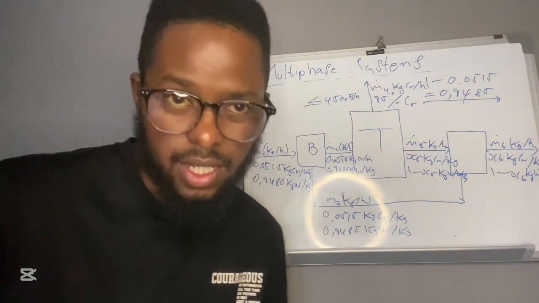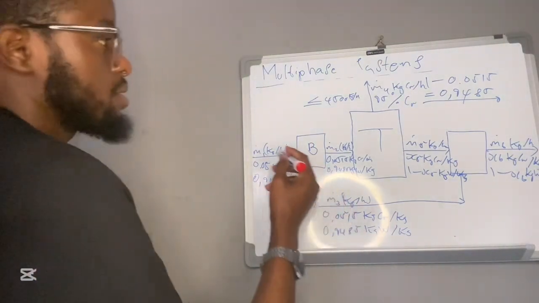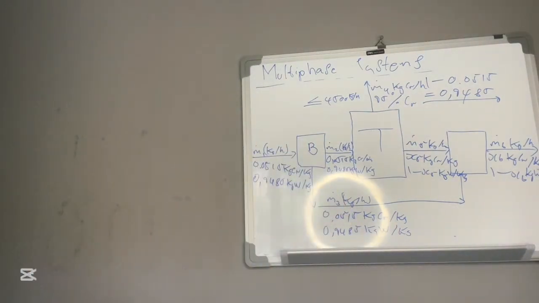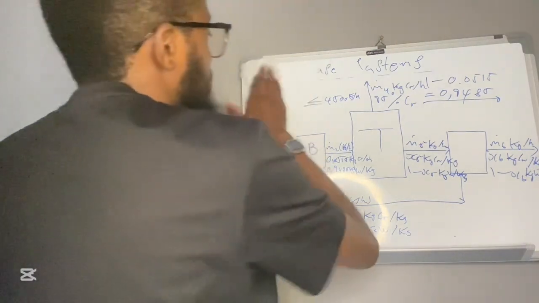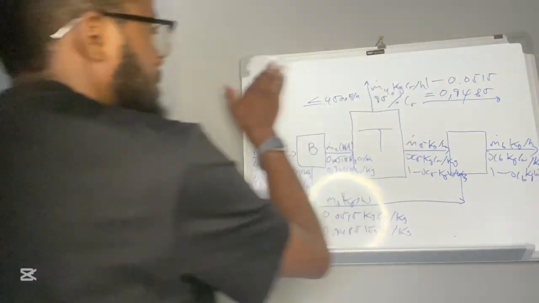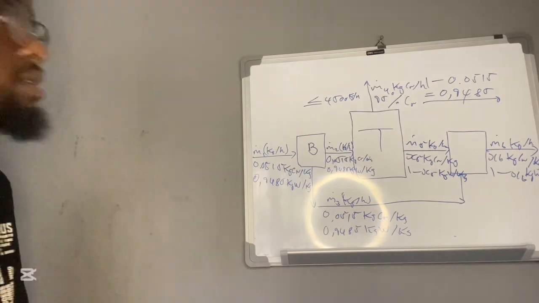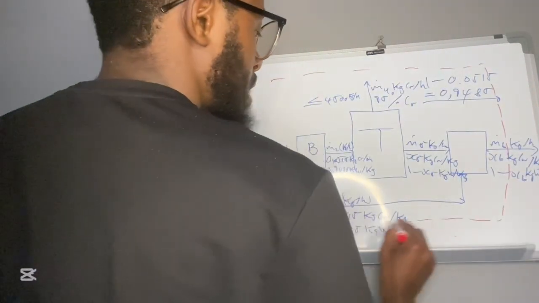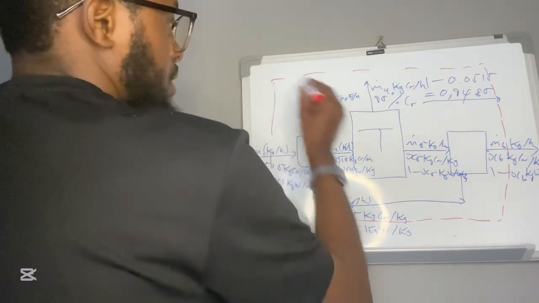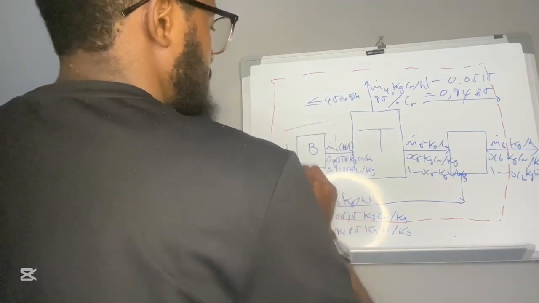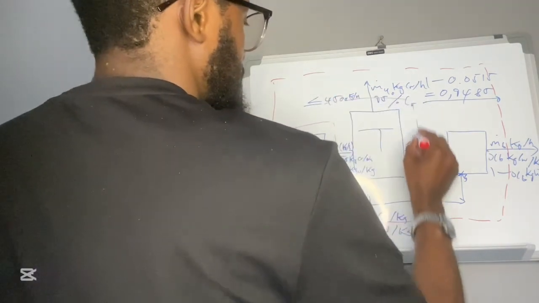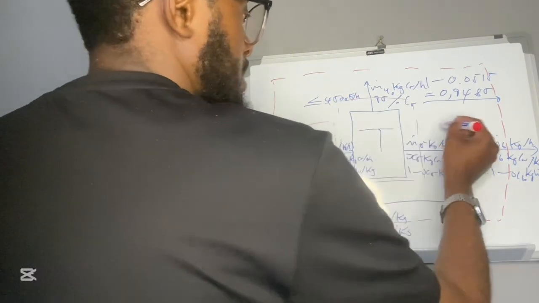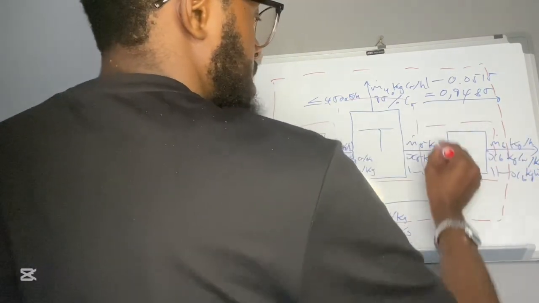So this will be a flow chart right here, right? So, okay, wait. Let me remove this. So this will be a flow chart right here. This will be your overall, right? Your bypass, obviously there's nothing you can do with your bypass. And then this is your mixer.